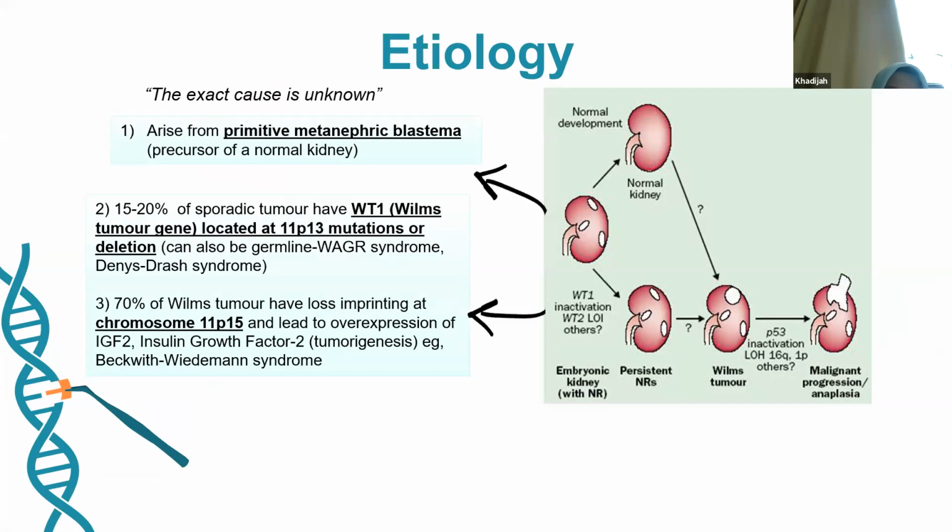In Wilms tumor, there can also be imprinting of chromosome 11, leading to overexpression of insulin-like growth factor 2, which is one of the tumorigenesis drivers, and it is associated with Beckwith-Wiedemann syndrome.